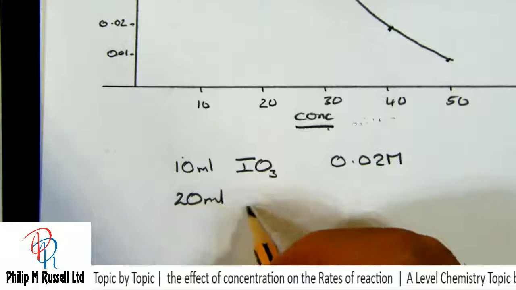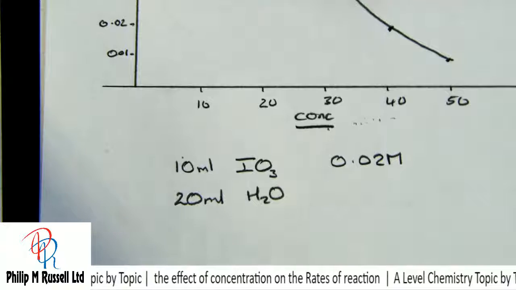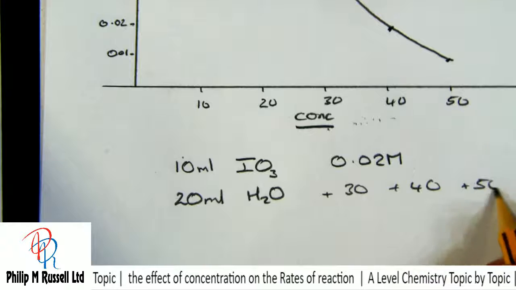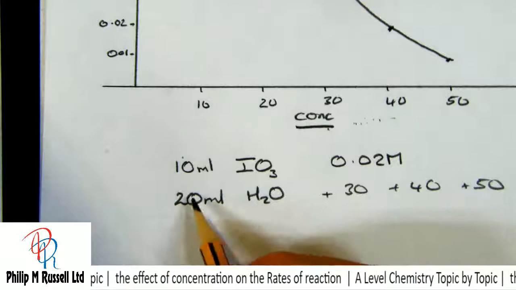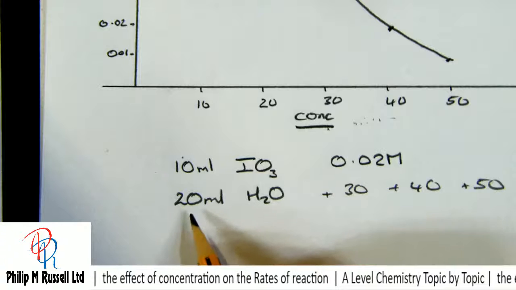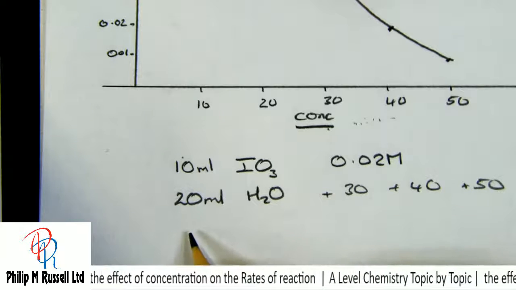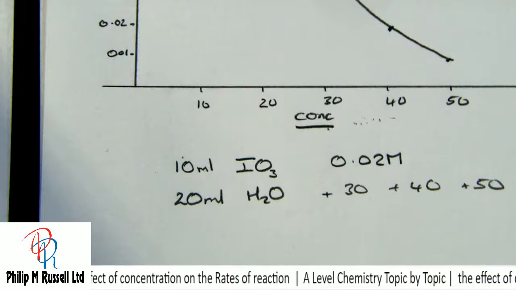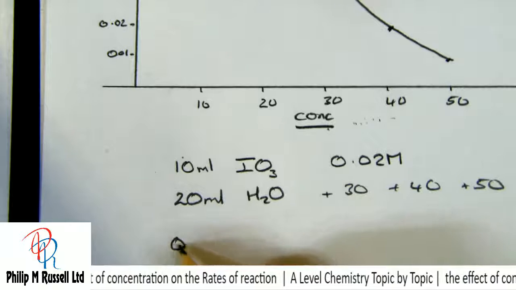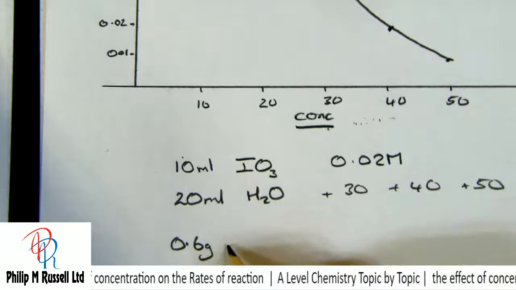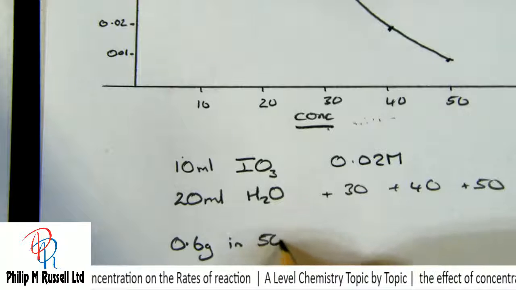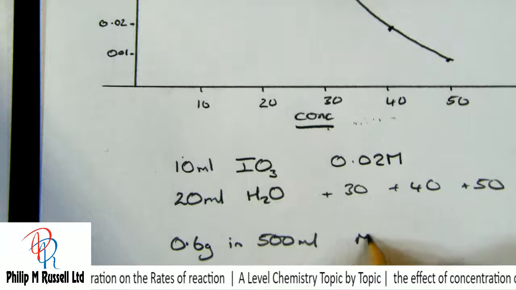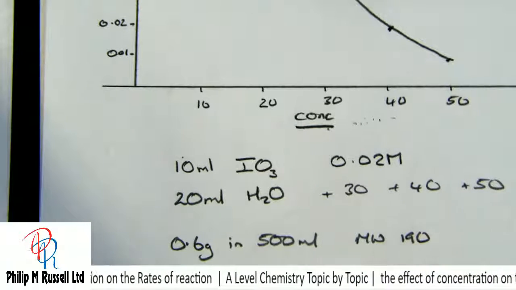We started off with 20 mils of water and then we went 30, 40 and 50, and we put in the metabisulphate, and I deliberately haven't worked that one out for you, and I've got 0.6 grams of this in 500 mils, and I'll tell you that its molecular weight is 190.